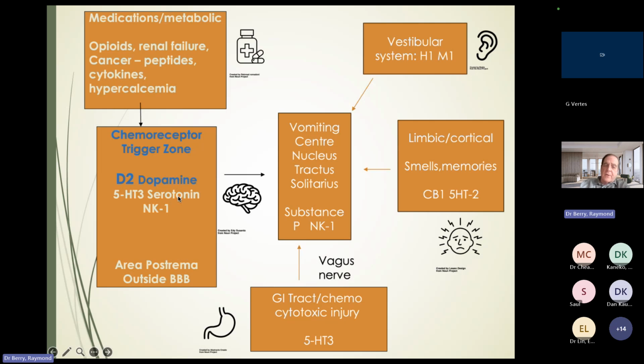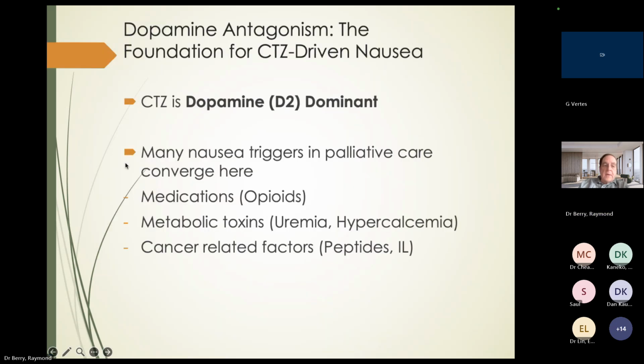Also a little bit of serotonin, so neurokinins, but it's dopamine that's the main factor of nausea with all of these things. They're the main causes of nausea in palliative care. So if you're not addressing dopamine, you're really missing out.